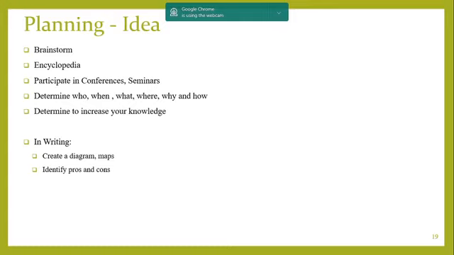You jot down all your knowledge and ideas, and then you start identifying the pros and cons. Suppose when you are brainstorming, you get some pros and cons for an idea. You write it down. When you note down all this information, it definitely gives you a clear way to formulate your writing.